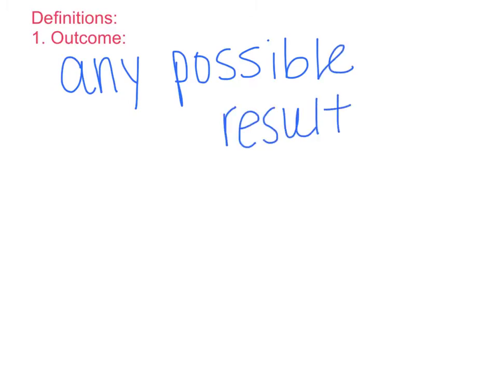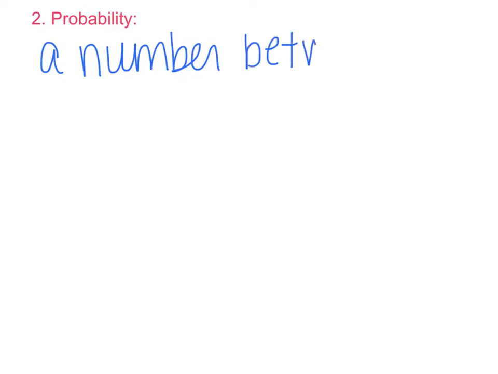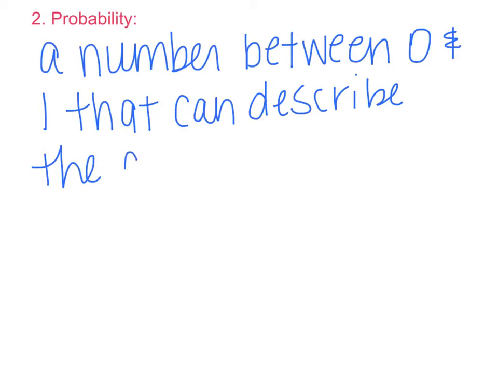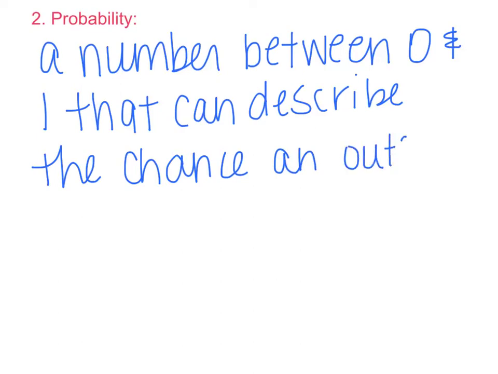So, it's any result. Our next one is going to be probability. So, probability is a number between 0 and 1 that can describe the likelihood or chance an outcome will occur.